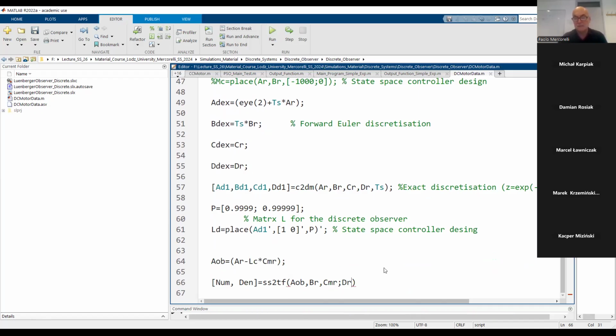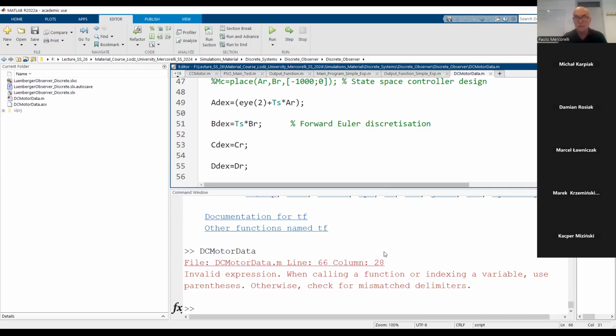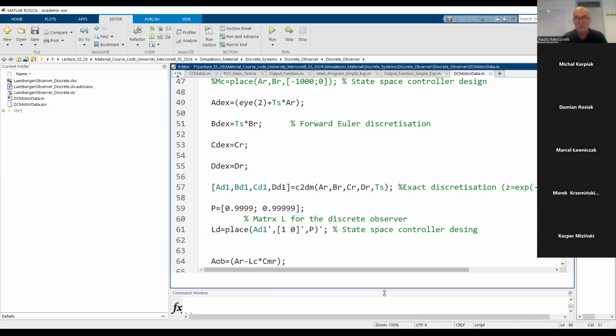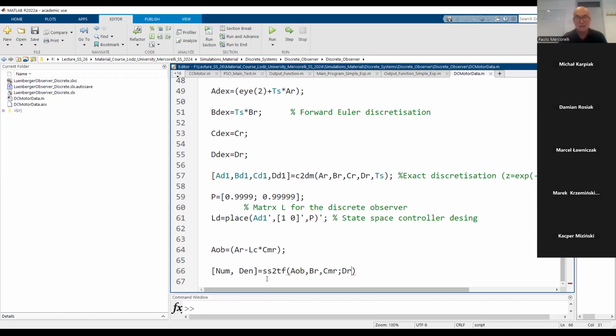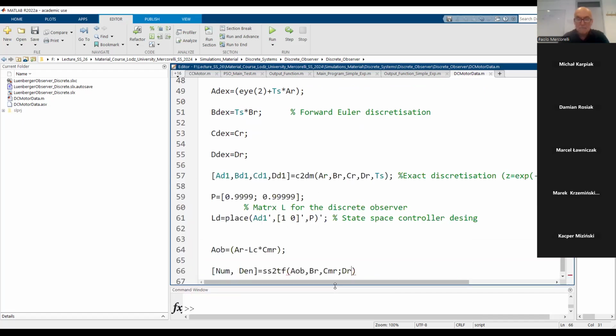I have an error, let me see. I forgot a parenthesis. Ah, okay, probably here. Something like that.